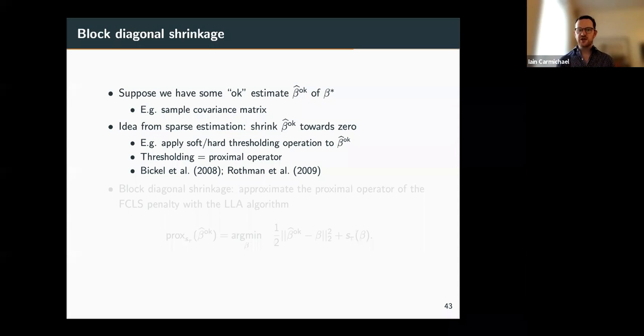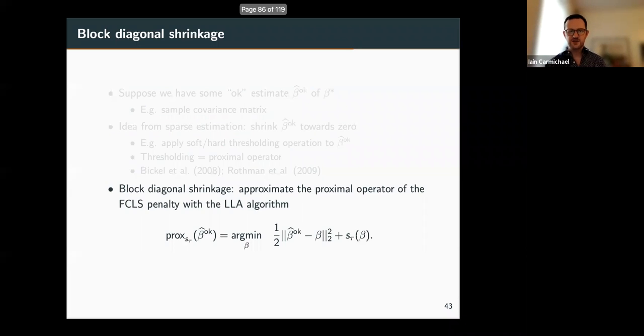The way this is usually accomplished is by applying a hard thresholding operation to the OK estimator, or some generalized thresholding operation. If you're familiar with the language of proximal operators, thresholding operations are normally just the proximal operator of some penalty function.